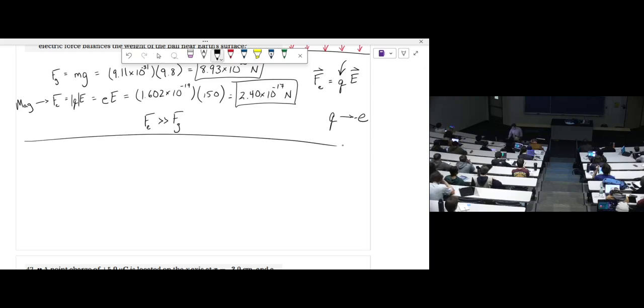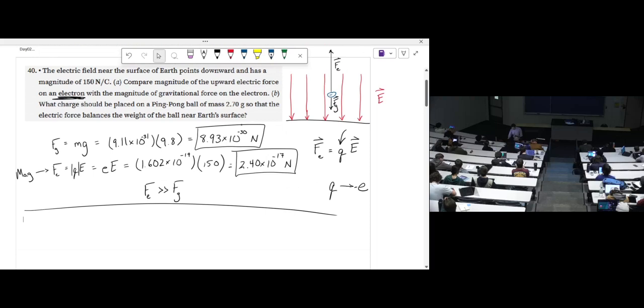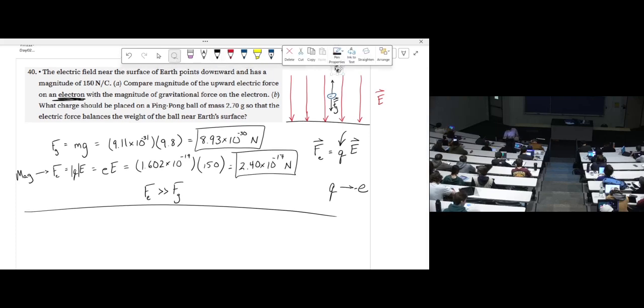Okay, so now we have a ping pong ball, right, with mass 2.7 grams, so that the electric force, we want to know the charge such that the electric force is balanced here. So now what I'm looking for instead of this is I want to know the charge such that these two forces are equal and opposite.